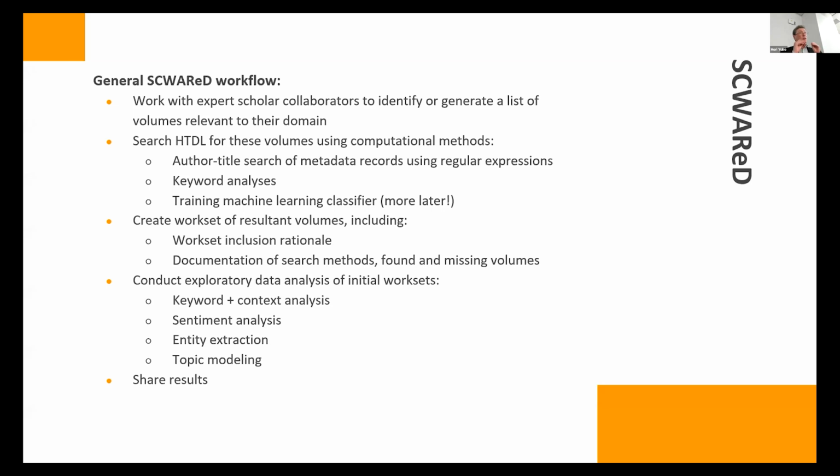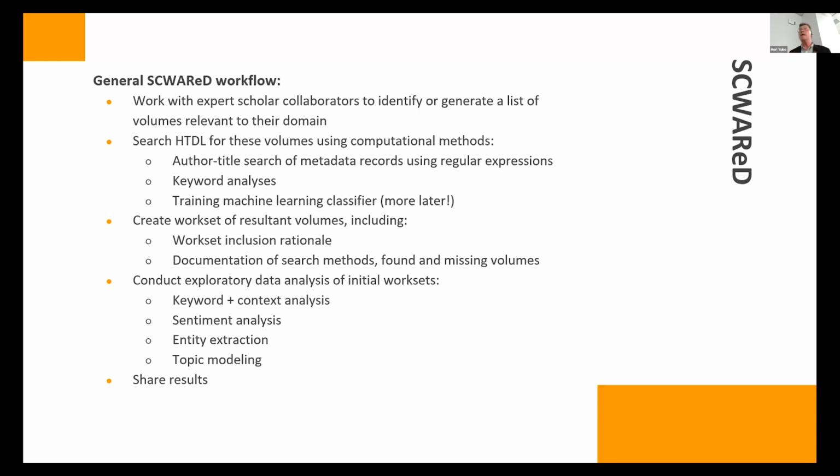Also, it could very well be the case that the library never collected the book, that Harvard or Michigan or Illinois never bought that book in the first place. So it was not there to get scanned. And so we do a lot of work with experts, these scholars, to identify what we do have and what we're missing. And we call that gap filling, and that's one of the goals of this project.